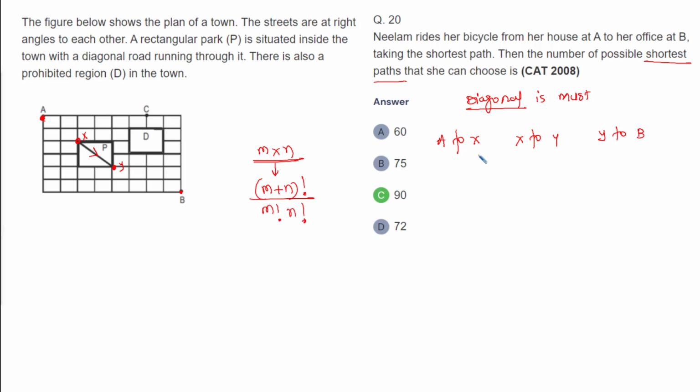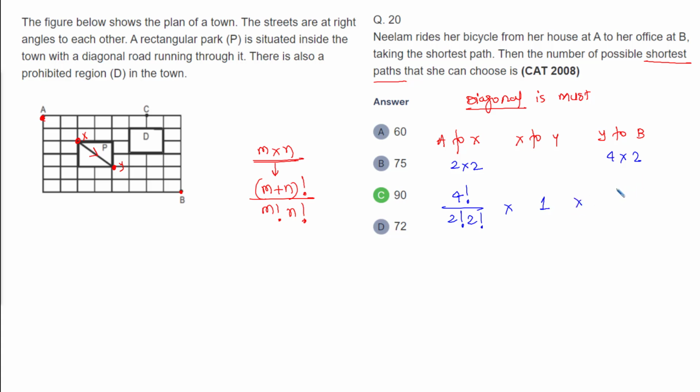So over here, A to X the grid is of dimension 2 by 2, and Y to B the grid is of dimension 4 by 2. The number of shortest paths to travel from point A to point X is 4 factorial divided by 2 factorial into 2 factorial. X to Y we can travel in only one way, that is by using the diagonal.